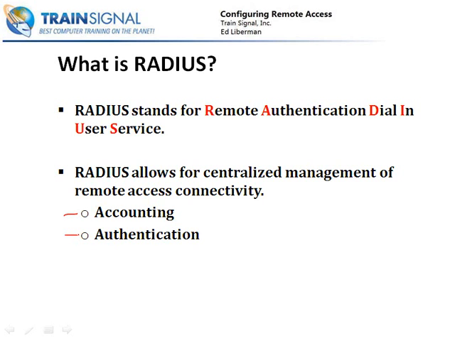You would pass that back to the ISP, and the ISP would let your remote user in. Well, dial-up connectivity is pretty much a thing of the past. So the way we use RADIUS today is really for nothing more than this centralized management, to be able to control or keep track of more than one remote access server in a centralized location.